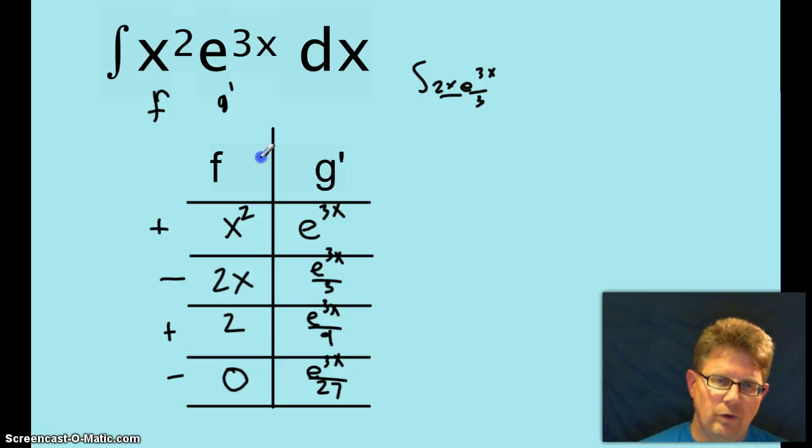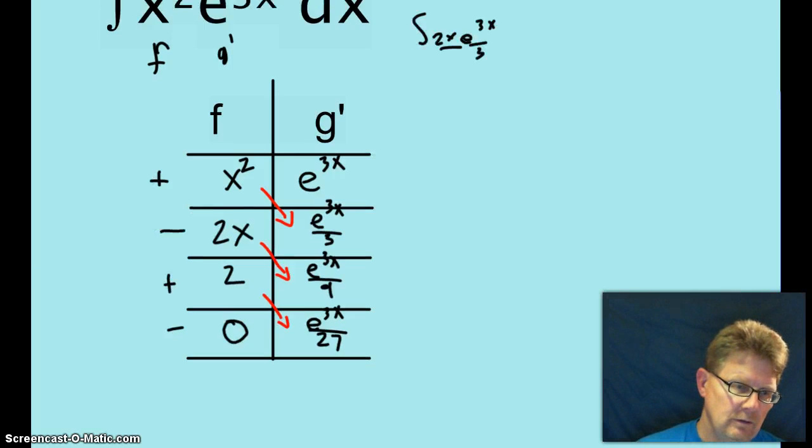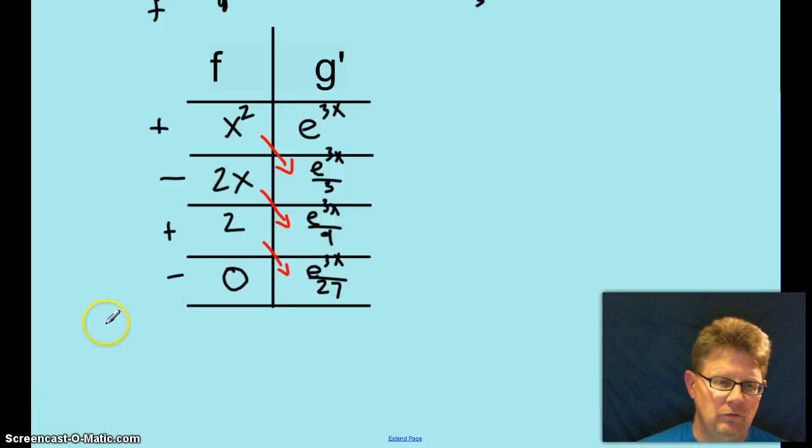Now we're going to draw some diagonals here, right here, and right here. So our antiderivative, our integral, is going to be here. Let me write this below so that you can see all of it.